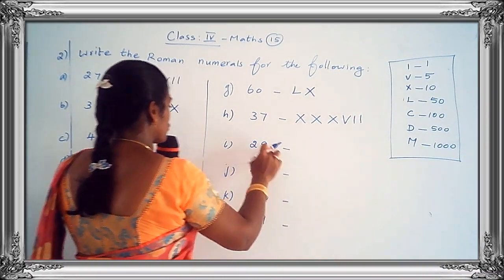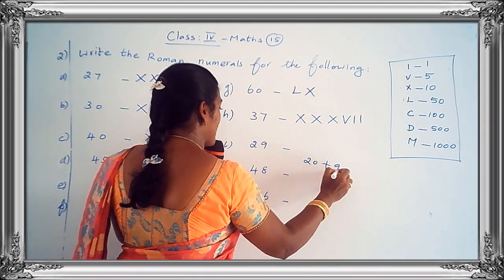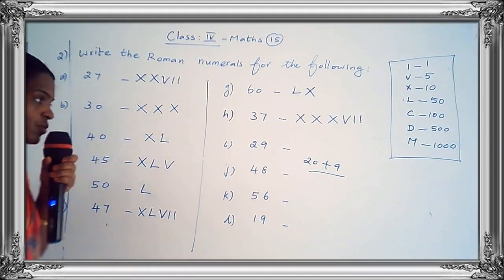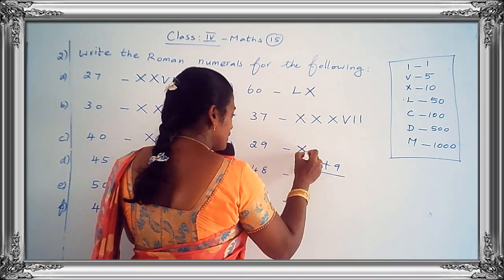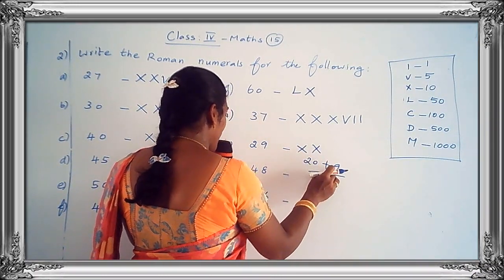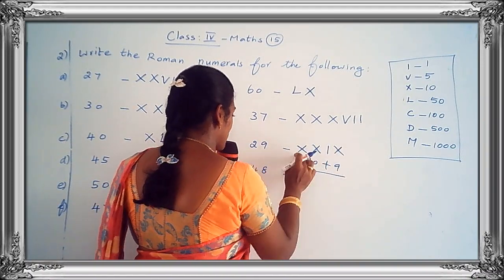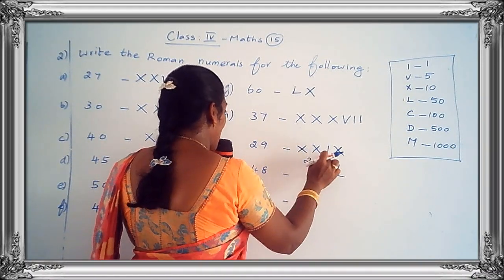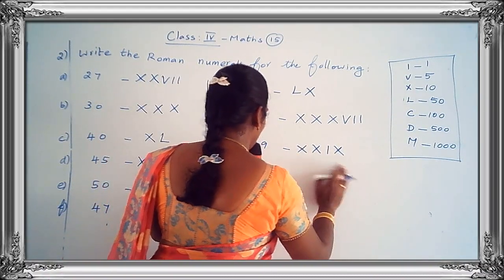Okay? Next, 29. 29 can be written as 20 plus 9. Yes, children? 20 means 2 times X. Now we need 9, so 9 means IX. So that's why XXIX stands for 29. Okay? Clear? Yes.